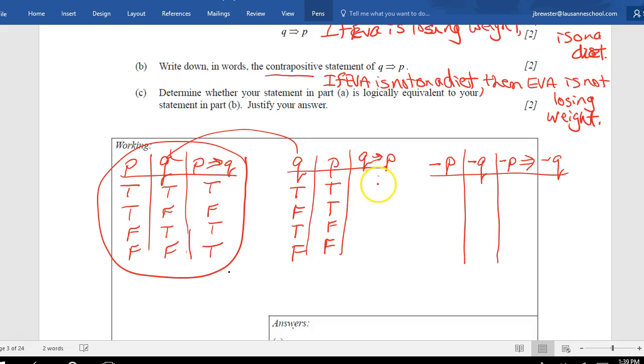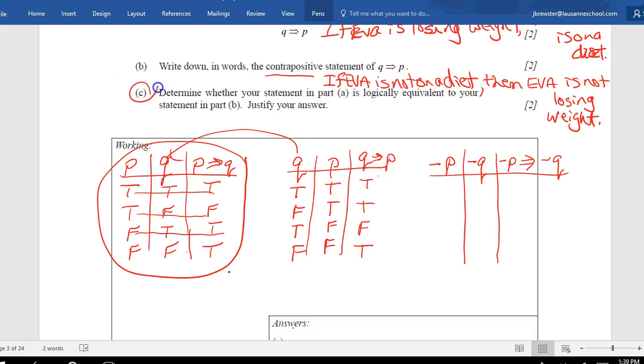Now to see whether the if-then is true or false, what we'll do is refer back to the first table. If you have two trues, notice two trues give you a true. A false true, that's this line, gives you a true. A true false, which is this line, gives you a false. And then a false false gives you a true.